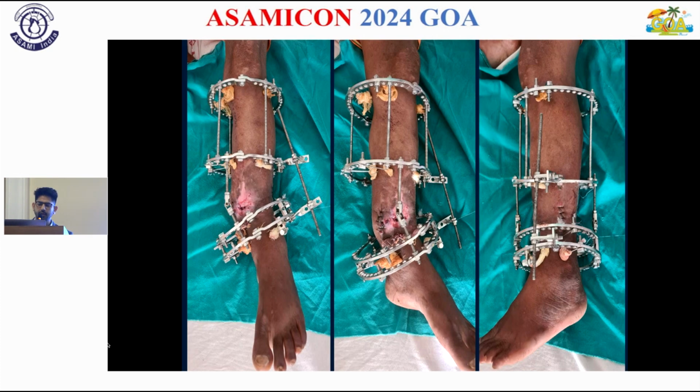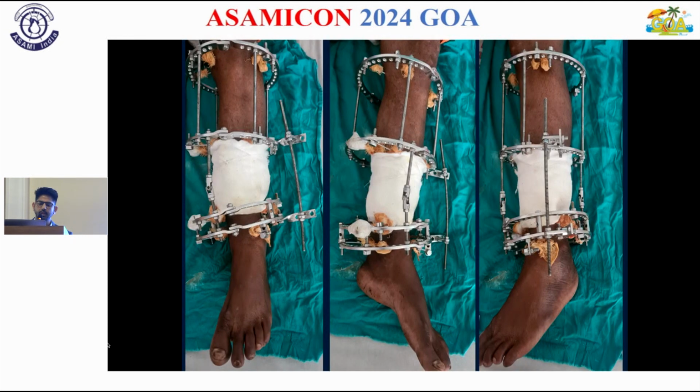The Elizarov frame will take the shape of the deformity in AP as well as in the lateral side. With time, as you open up, the AP will get corrected along with the lateral.